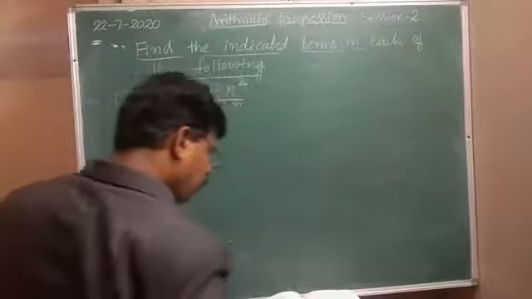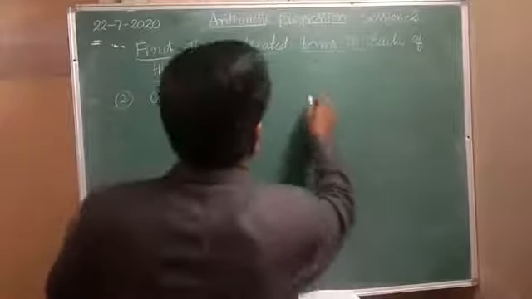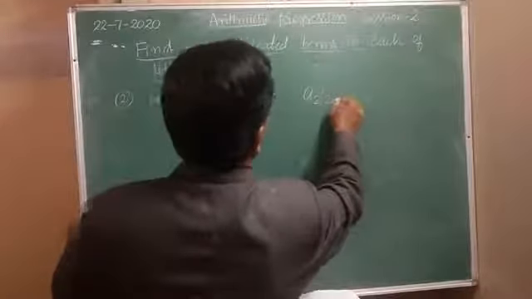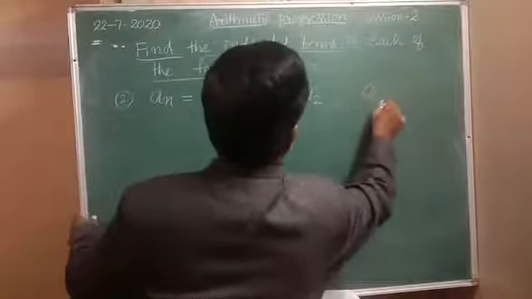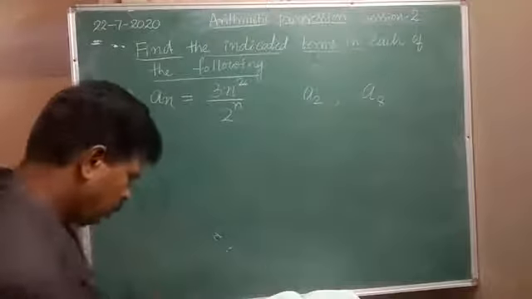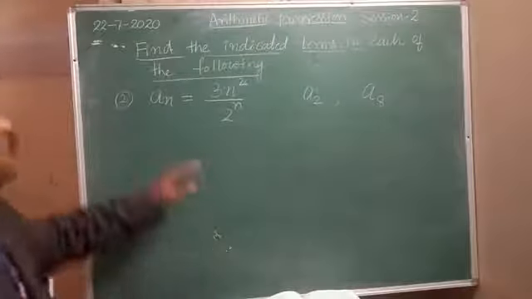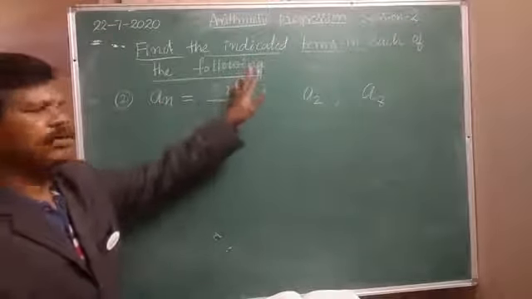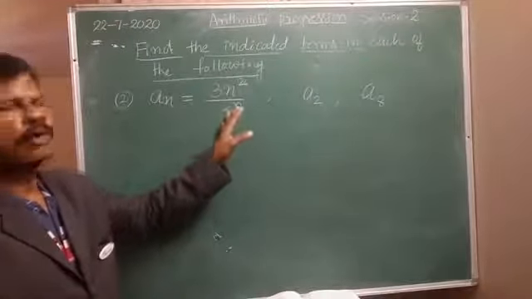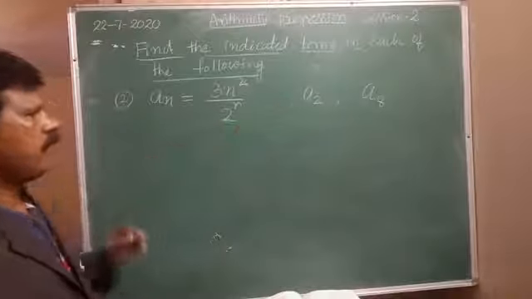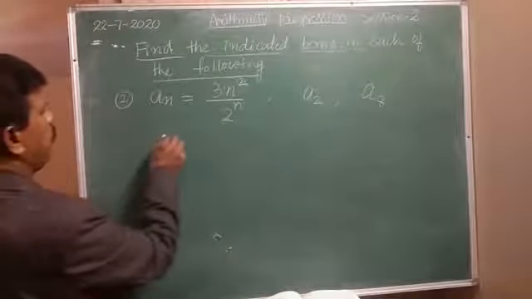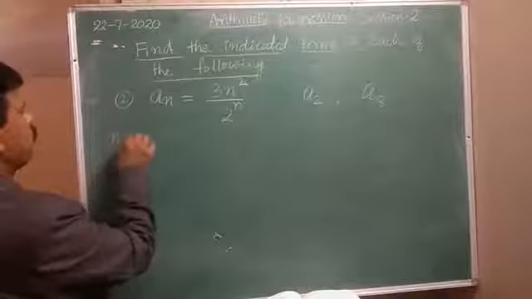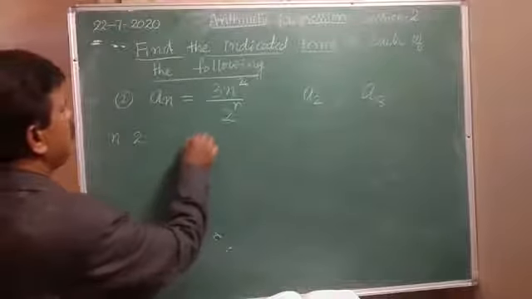Now what they asked is A2 and A8. The term is described like this: an is equal to 3n square by 2 to the power of n. First one is A2, that means n is equal to 2.